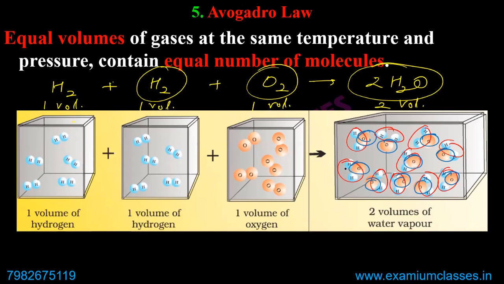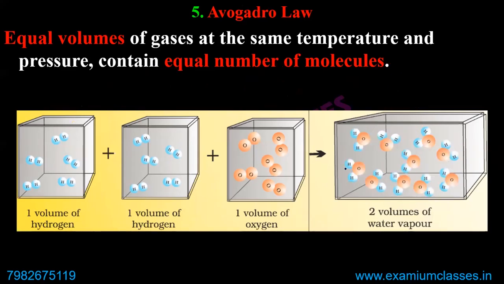But when they combine, they will combine in such a way that the equal volumes will have equal number of molecules. So this is 1 volume, has how many molecules? 5. 1 volume, 5 molecules. Here 2 volumes, 2H2O, you see 10 molecules. It means equal volumes have equal molecules. 1 volume will have 5, 2 volumes will have 10, 3 volumes will have 15, 4 volumes will have 20, like that.